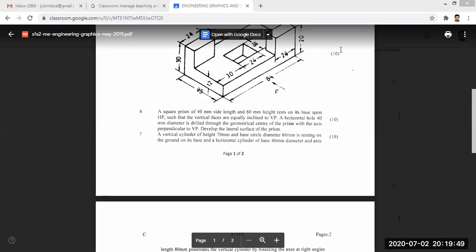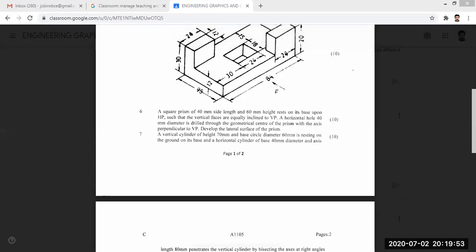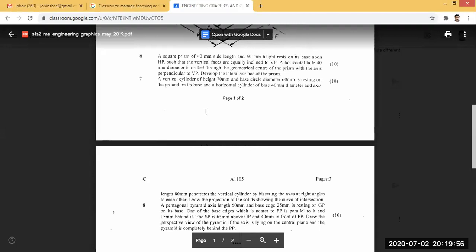Then the next one, that is question number 7. There is one vertical cylinder, and the height is given 70 mm and diameter is given 60 mm. And there will be another cylinder, that is called horizontal cylinder.